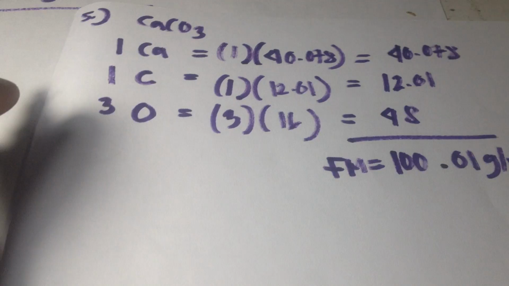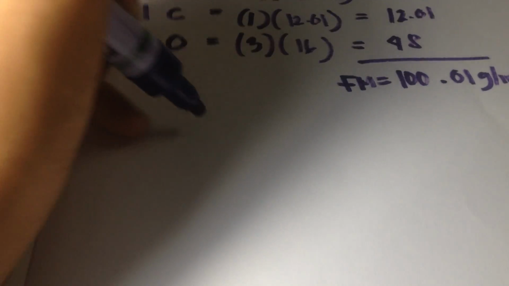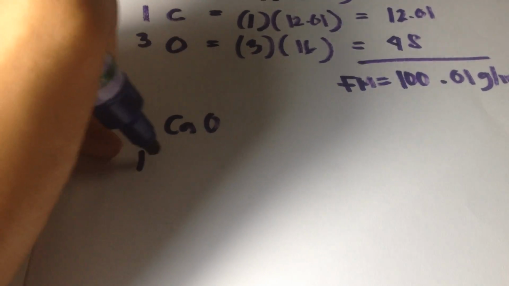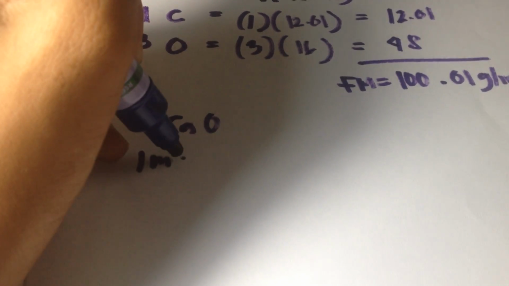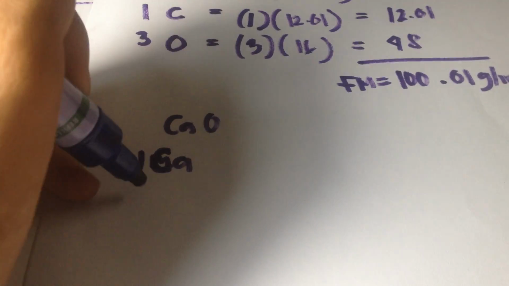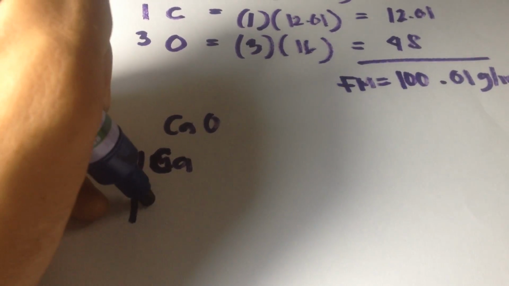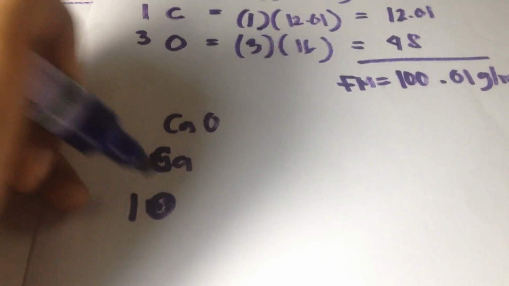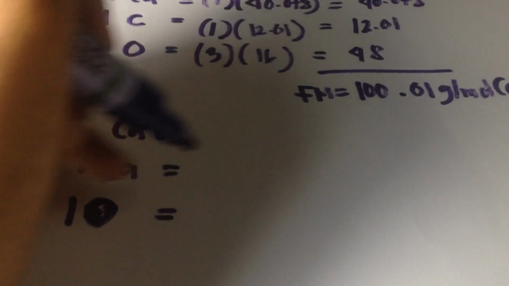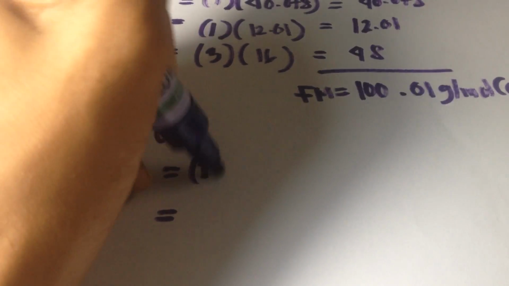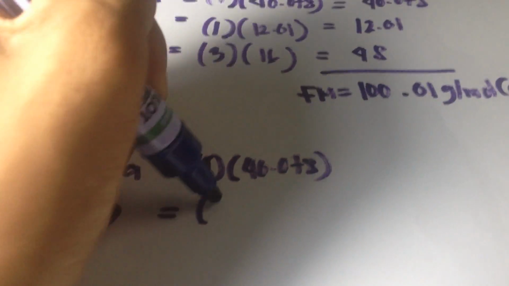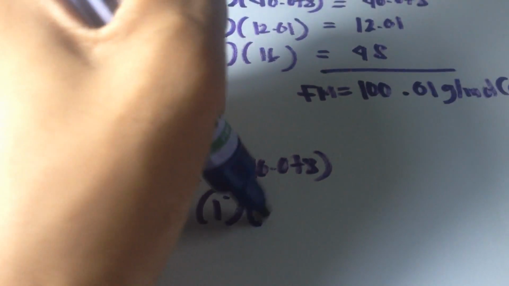And how about the formula mass of calcium oxide? So 1 mole of calcium oxide has 1 mole of calcium and 1 mole of oxygen, which is equals to 1 times 40.078 and 1 times 16.